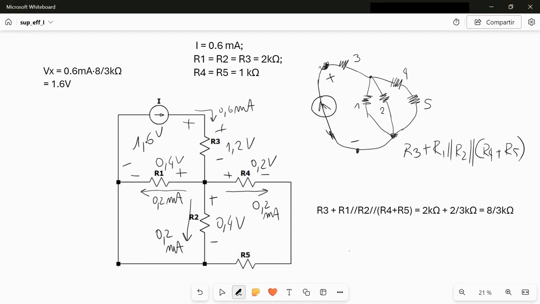The same current flowing into R4 goes through R5. So we have also here 0.2 milliampere, and we have here a voltage drop with this polarity, which is given by 0.2 milliampere times 1 kilo, which is 0.2 volt.